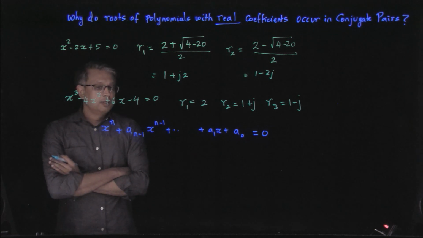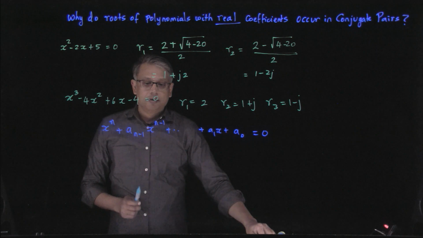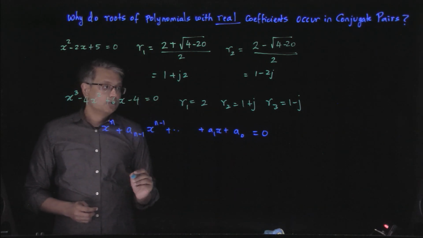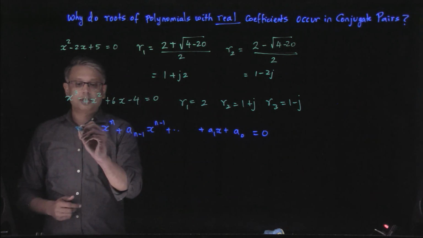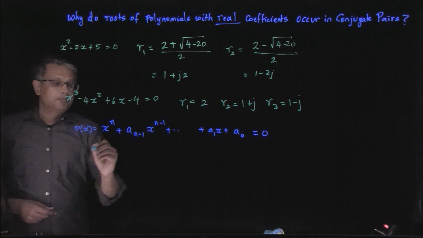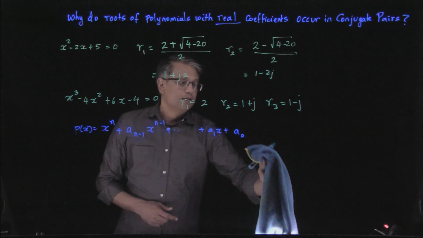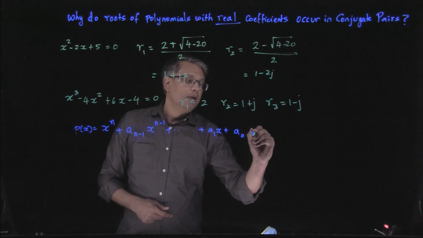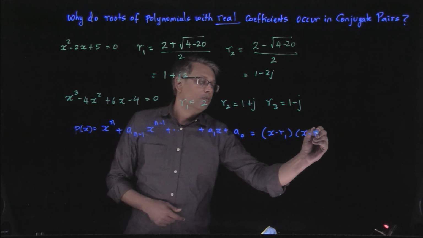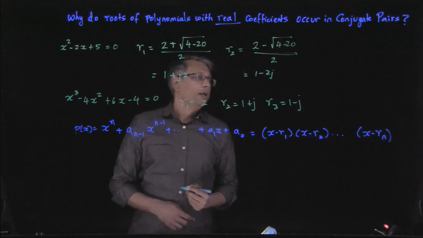Now if this polynomial is equal to 0, then we should be able to factor this polynomial into its roots, right? Let's call this p of x. But we know that p of x factors into the product of its roots. So we can write this polynomial as x minus r1 times x minus r2, so on and so forth until x minus rn.